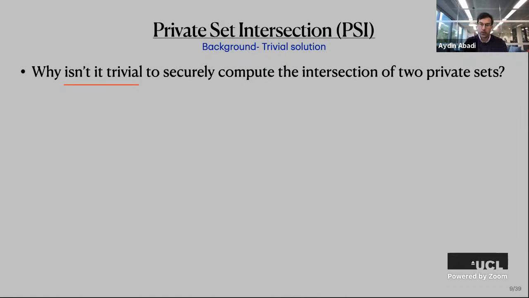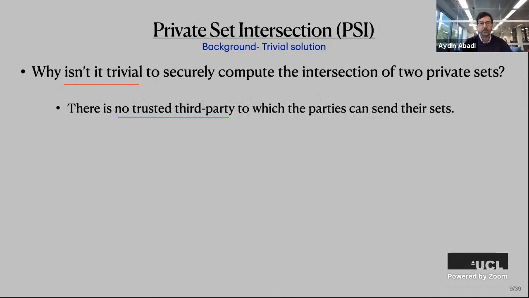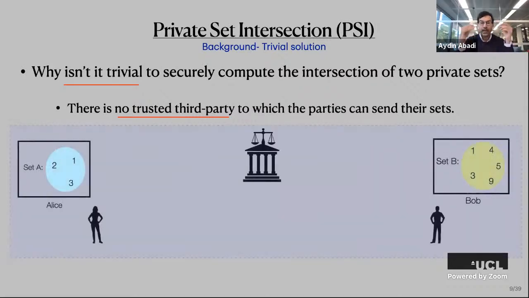So the answer to this question is that, first, for one reason, we don't want to use a trusted third party. If we had such a party, then each set owner could send their set elements in plain text or over a secure channel to this trusted party.